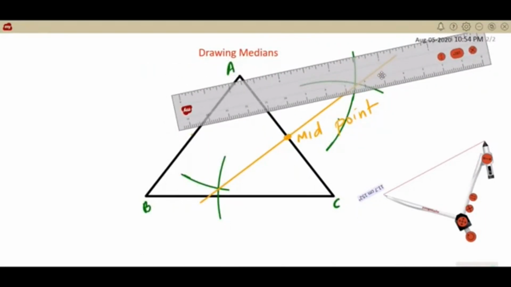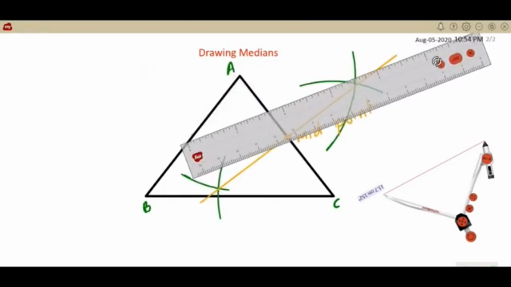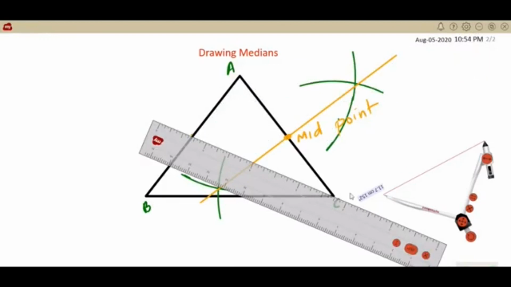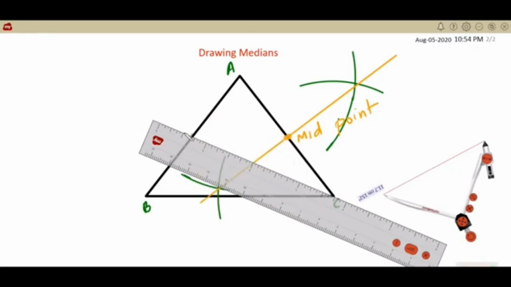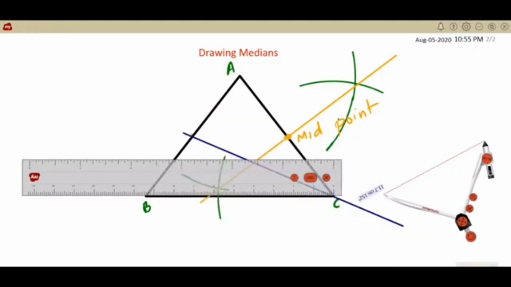It's not that easy to manage a scale digitally; experience is required. COVID is giving us experience to handle the digital scale nowadays. Anyway, I am drawing it roughly from the midpoint of side AB to the opposite vertex C. The same way we have to find the midpoint of BC, putting the scale there.